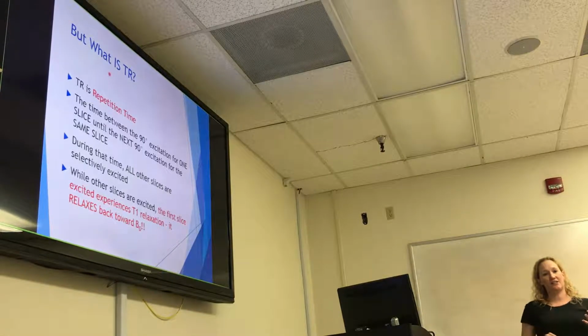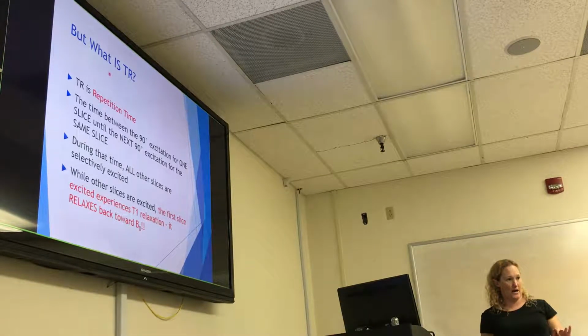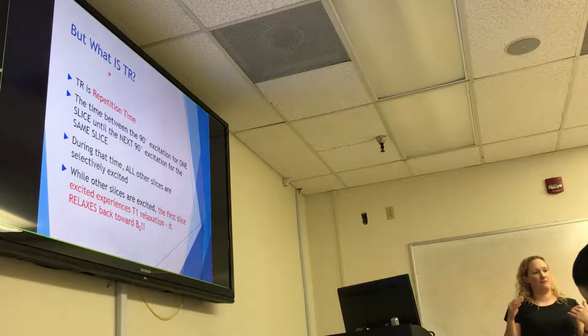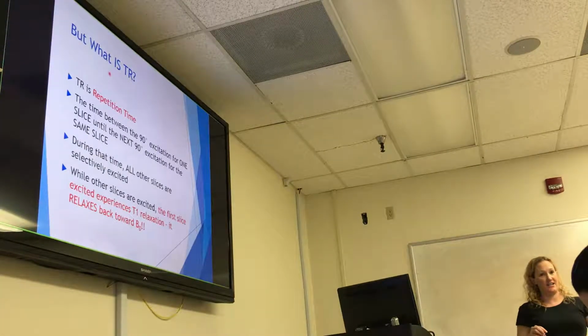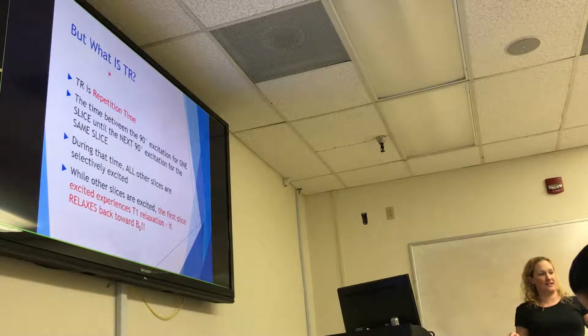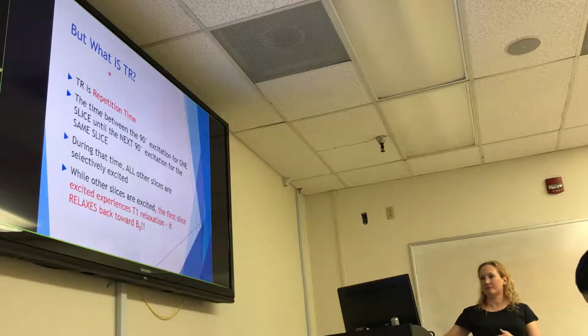We're selectively going to excite our slices one slice at a time, okay? And so that TR, that repetition time, is the time between slice one's excitation, and then we do all of our other slices, and then we come back and we excite slice one again. That length of time is what is known as TR, or repetition time.